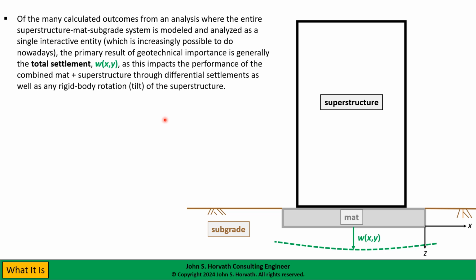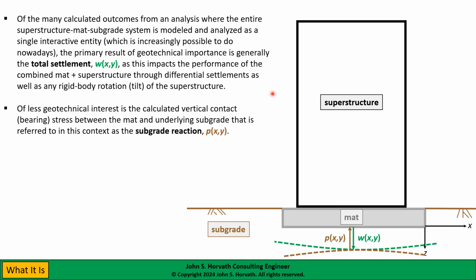I won't get into what happened, but suffice it to say that during construction, the building tilted several inches out of plumb. And to this day, the building remains uncompleted, unoccupied, with a huge amount of ongoing litigation, finger pointing, things like this. So my point is, rigid body tilt certainly can be important for fairly tall, slender structures.